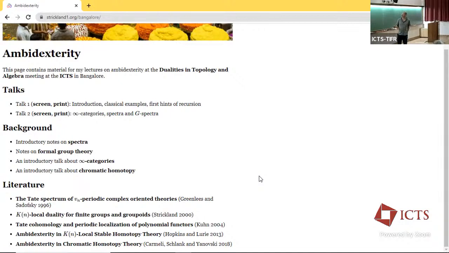I've also got an introductory talk about chromatic homotopy theory. And then the background literature on ambidexterity: a few papers here, starting with Greenlees and Sadowski in 1996, up to the work of Carmeli, Schlank, and Yanovski in 2018.